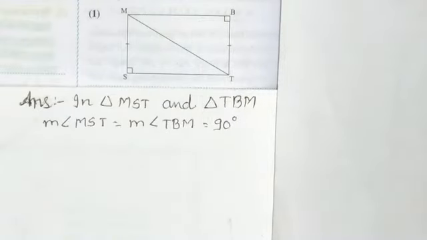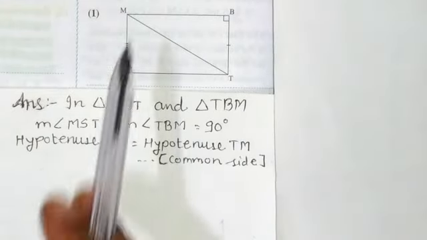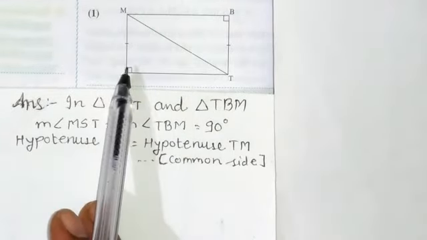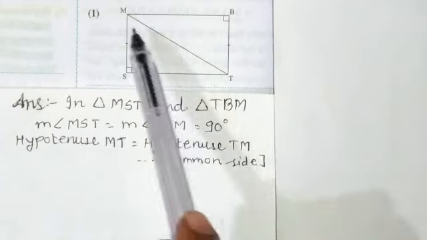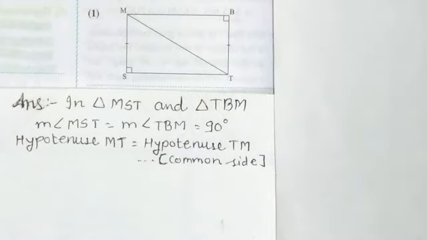Then we are going to write the common side, that is nothing but the hypotenuse. So let's write it. Hypotenuse MT of this triangle is equal to hypotenuse TM of this triangle. That is the reason we have written here the common sides of the triangles.